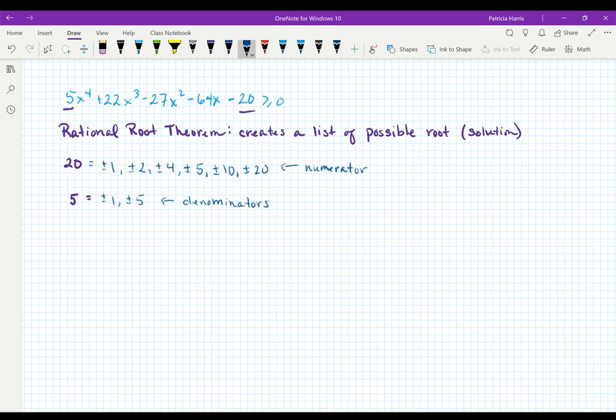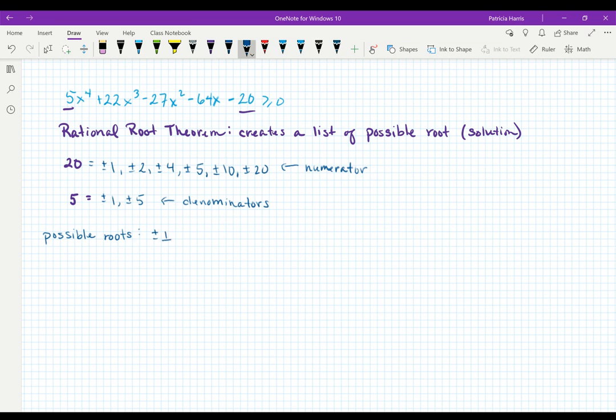So my possible roots are, usually what I do is go from the denominator list and list all of the numerators with that one denominator.